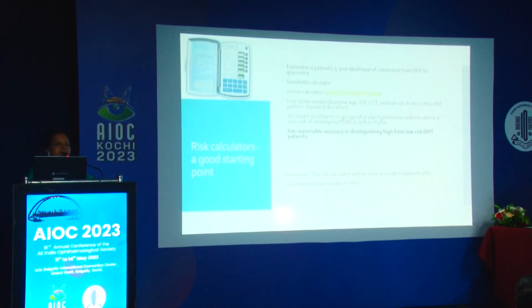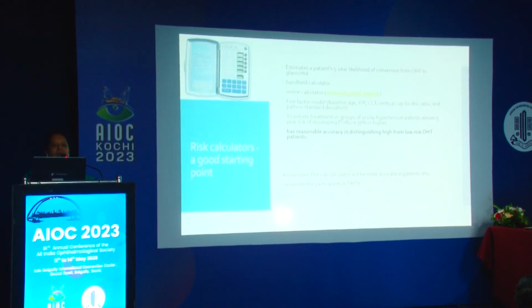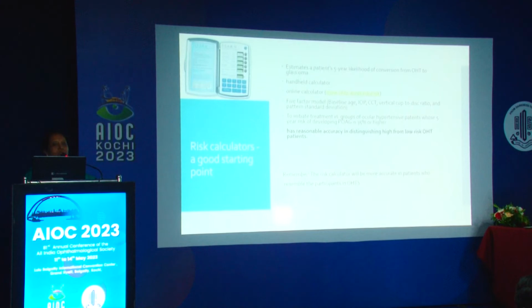These risk calculators are a good starting point to help us decide which OHT patients need treatment. This is based on the five-factor predictive model of the OATS study. When you calculate the risk based on these five factors, if the 5-year risk is 35% or more, then you can consider treatment.